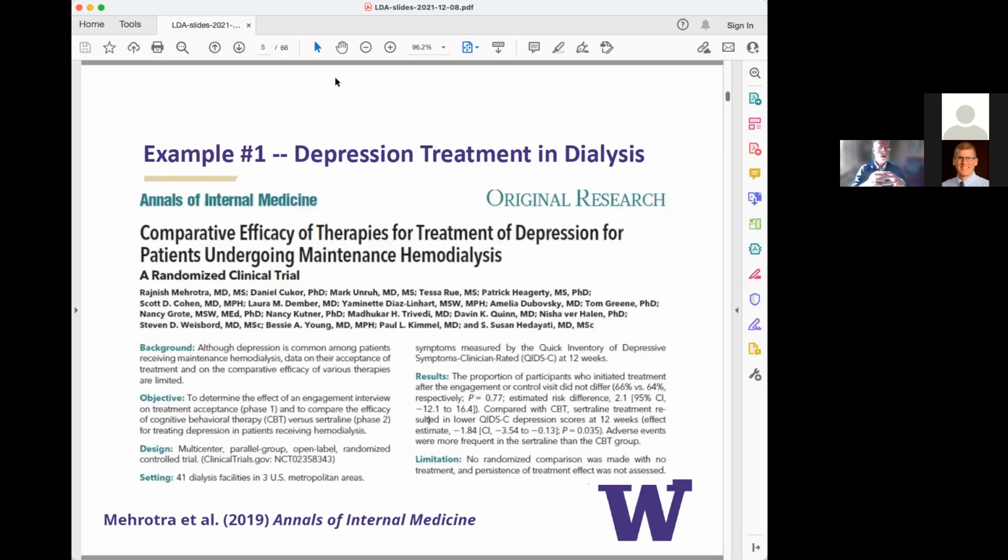So this was a trial really looking at depression treatment strategies in dialysis patients. We published it in the Annals of Internal Medicine a few years ago. And it was a kind of canonical, small to medium-sized randomized trial looking at 2 different therapies with multiple follow-up times.